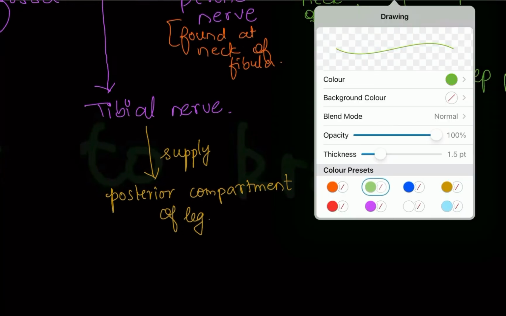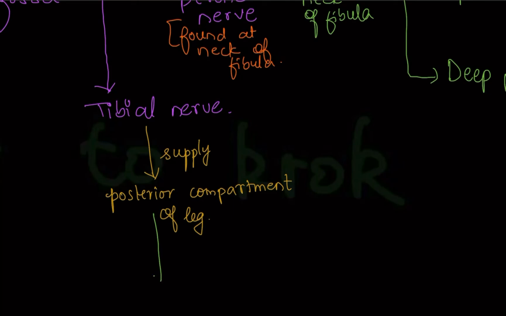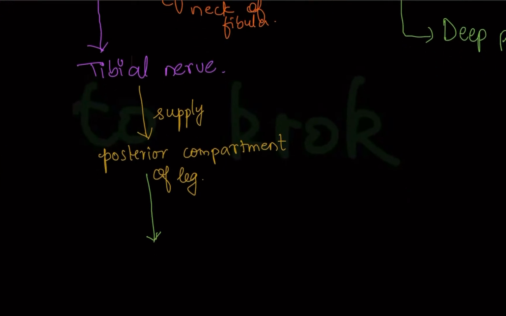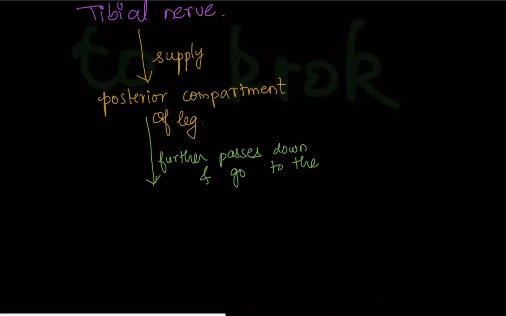Now this tibial nerve, once it supplies the posterior compartment of leg, further passes down and goes to the tarsal canal. In hand we had carpal canal, in the leg you have tarsal canal.